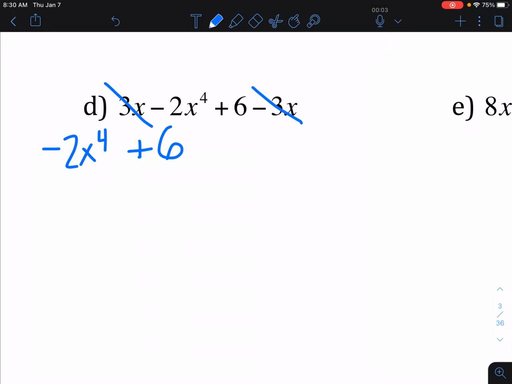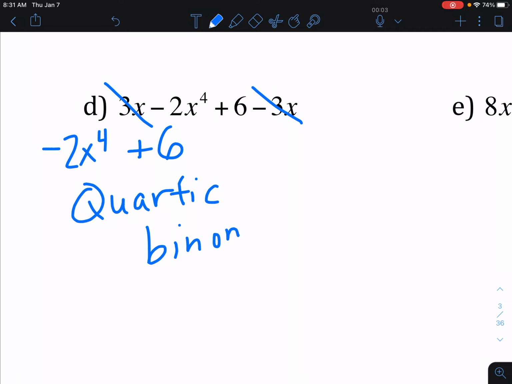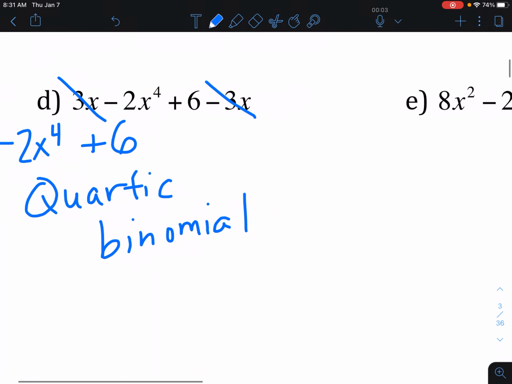After you combine like terms, then you classify it by name. The highest degree is 4, so that is quartic. And it's 2 terms, binomial. So again, please make sure you combine like terms if you can, and then name it at the end.